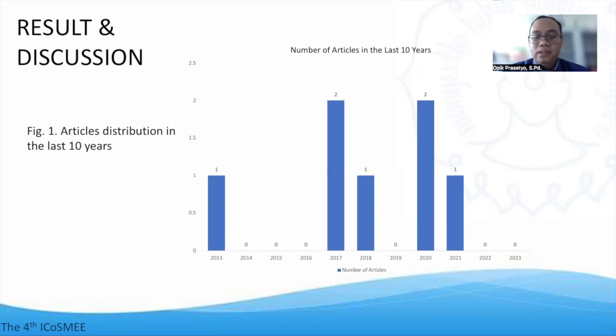And then in 2017 and 2020, there are two articles that describe the implementation of discovery learning to improve student scientific writing skill. But in 2014, 2015, 2016, 2022, and 2023, there is no article that describes these issues.